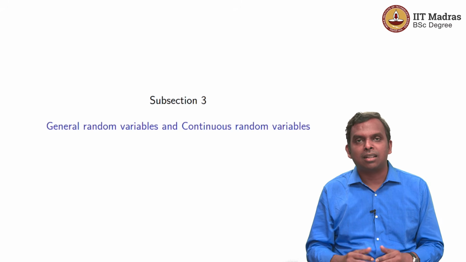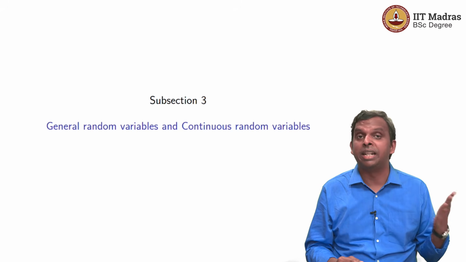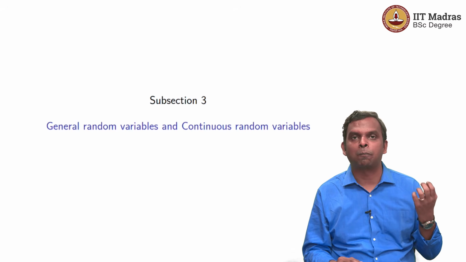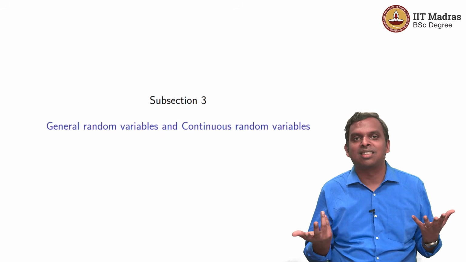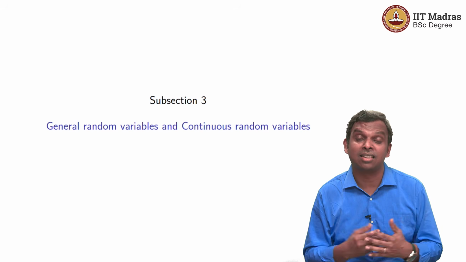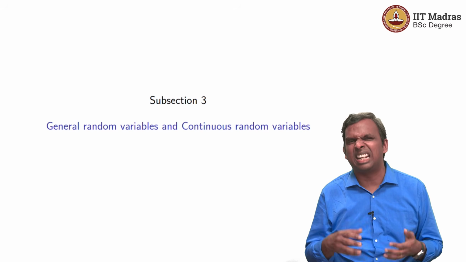But the discrete CDF came from an actual probability space, right? There was a probability space where there were outcomes, there were events and the PMF, and then we got the CDF. Where does the continuous CDF come from? Does it come from a probability space? That's a question one might ask. It turns out answering that question is very technically painful.